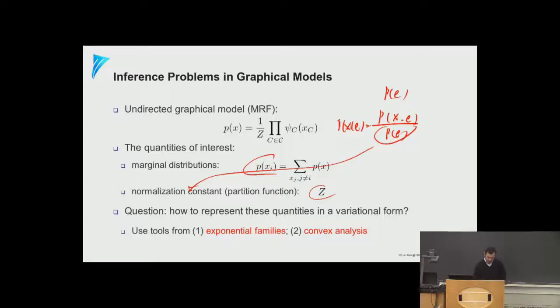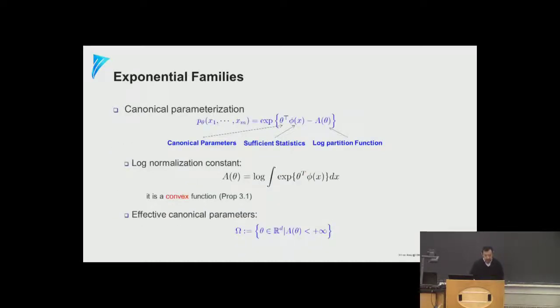So we're going to see how we can represent these kinds of quantities, Z, for example, or P of Xi, in a variational form. One standardized way is to make use of our exponential family distribution representation to give you a universal formula. So this is an expression of the joint distribution in the form of an exponential family distribution, right?